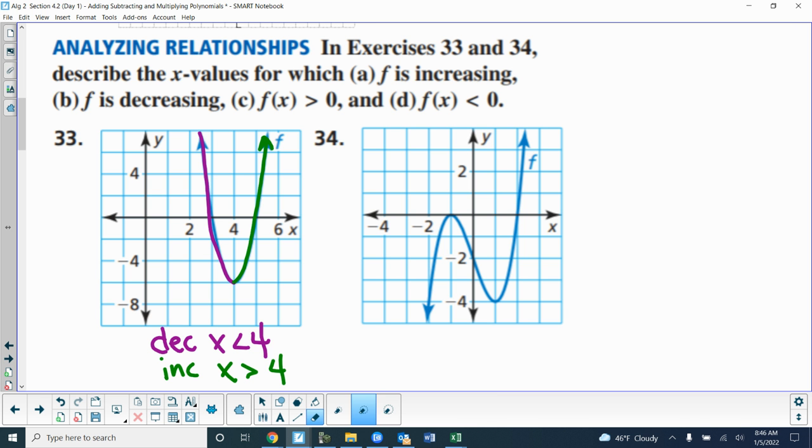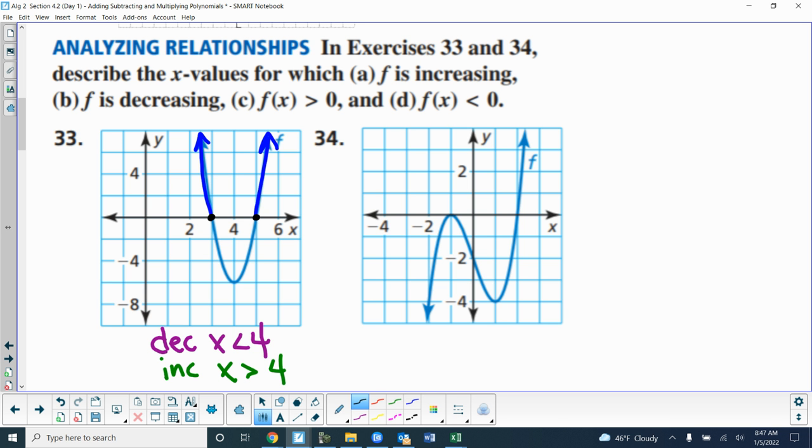Okay. I'm going to erase those colors, and then I'm going to go positive and negative, okay? We used blue yesterday for positive, and that's where the graph is above the x-axis. So those are the positive parts, okay? And again, we're looking at these x values here, where it's positive, those 2 dots I made.